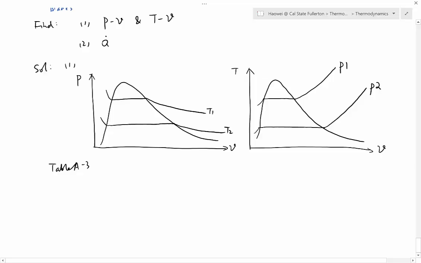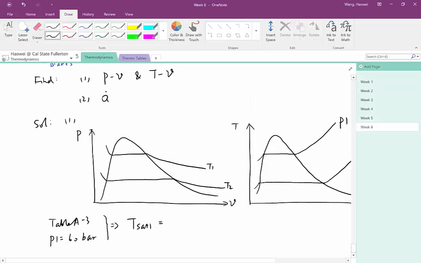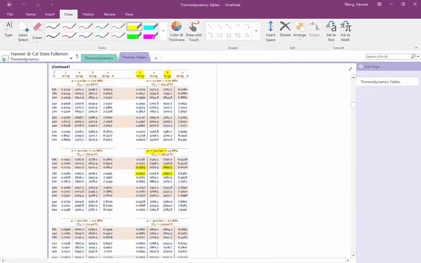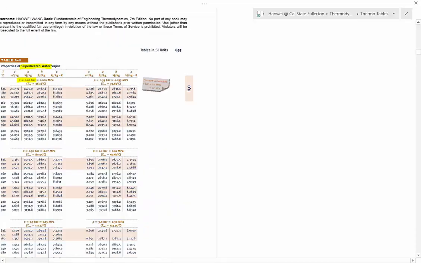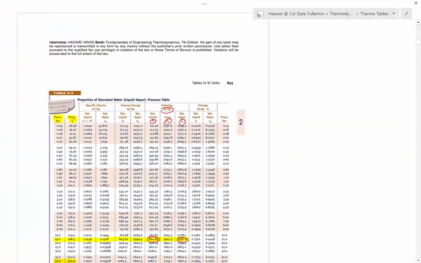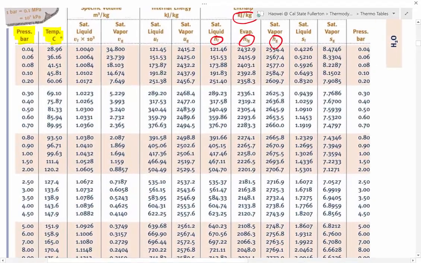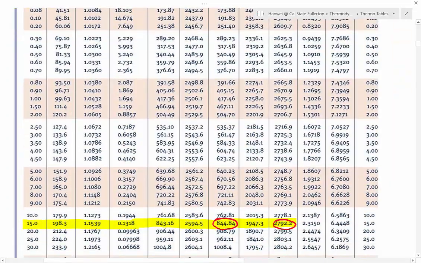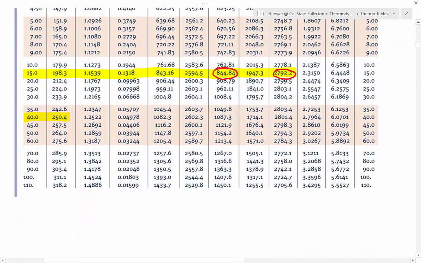Table A3, we start from pressure P1, which is 60 bar. And we find the corresponding saturation temperature, which we call Tsat1, from the table. Let's do it again. Table A3, we start from the pressure, and the pressure for us is 60 bar. So where's 60 bar? 60 bar is right here. First column, 60 bar. Second column, the saturated temperature is 275.6.